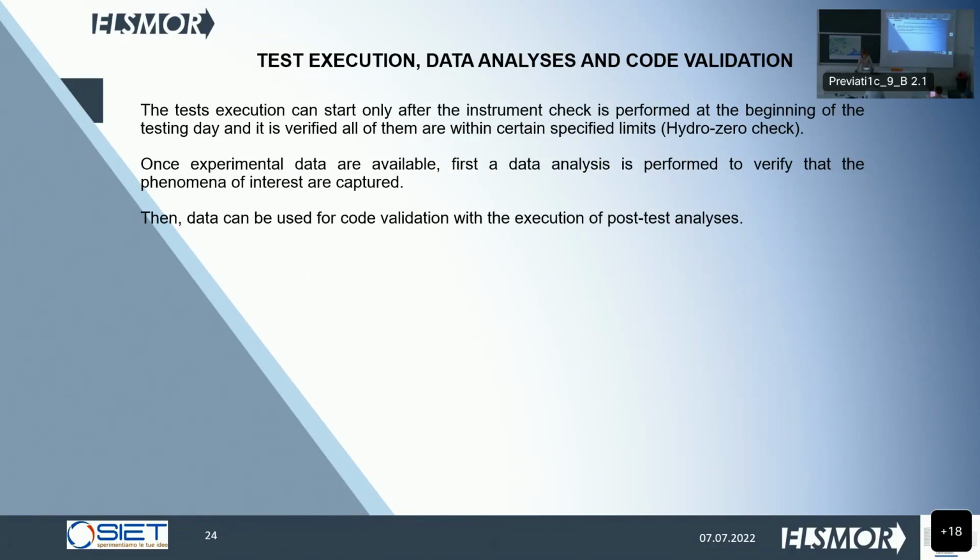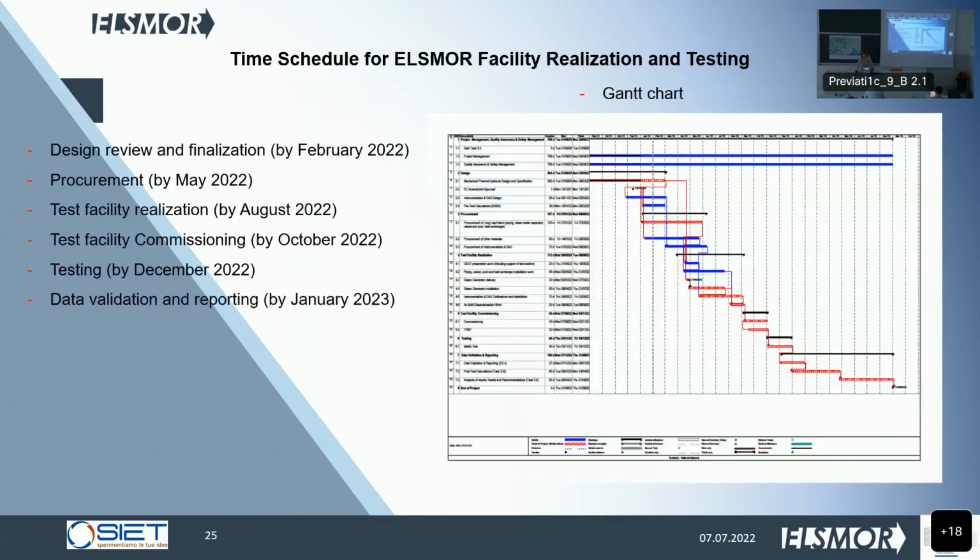Another part that is very important in an experimental campaign is the time schedule. This is an example of the time schedule for the experimental activity in the ELSMOR project.